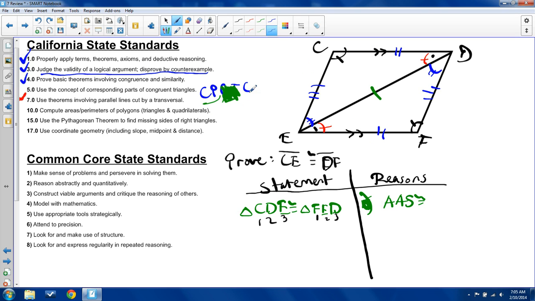So corresponding parts are congruent when I have congruent triangles. So I'll rewrite CP/CTC. Okay. So what that means is, now here's my proof. I now have CE is congruent to DF by CP/CTC.